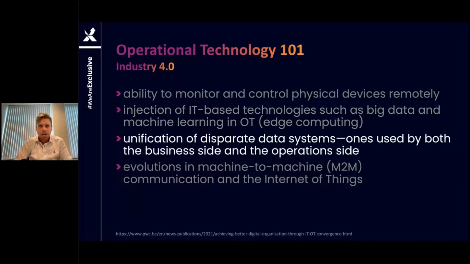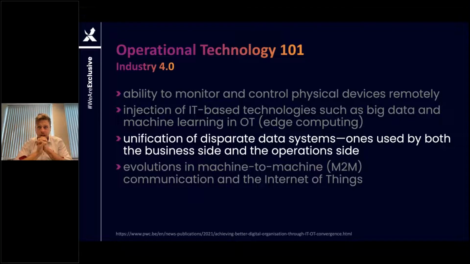The third one is also a key driver. It is the integration of business processes and their operations sides. So think about communicating product data to IT systems, for example, in order to give the customer the possibility to track the progress of making an order.